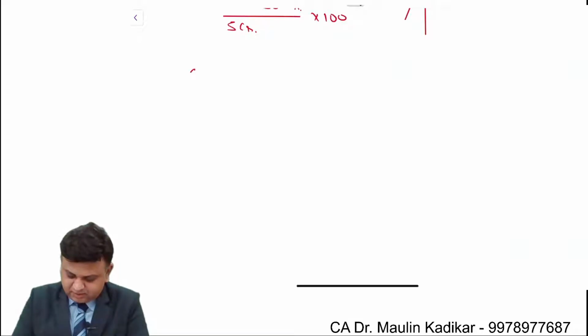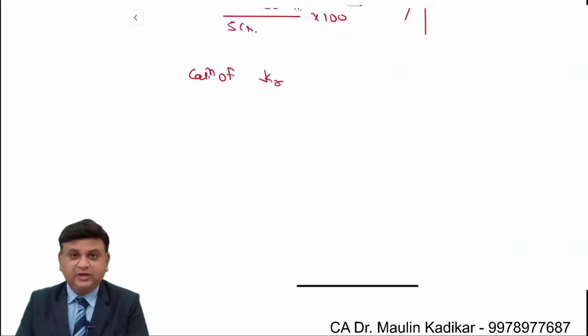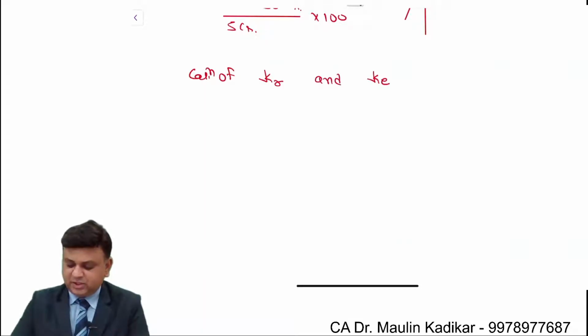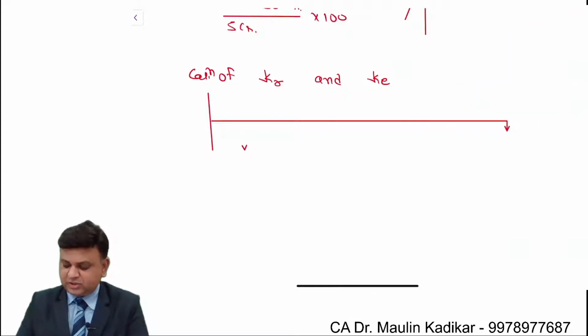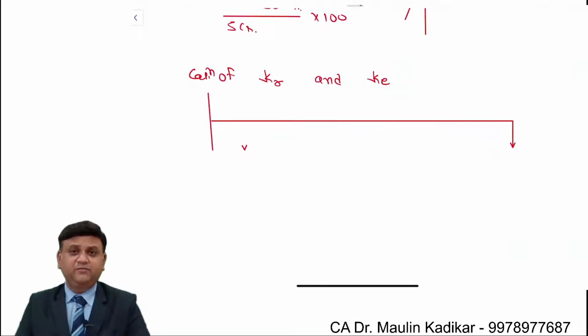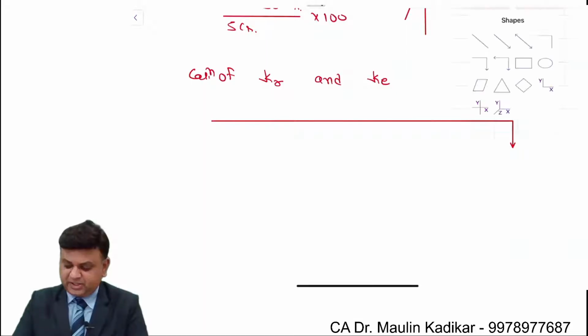Next, calculation of cost of retained earning and cost of equity. Let us see how to make the calculation. Dear students, as far as the calculation of the cost of retained earning is concerned, we will use the existing market price of the equity share.